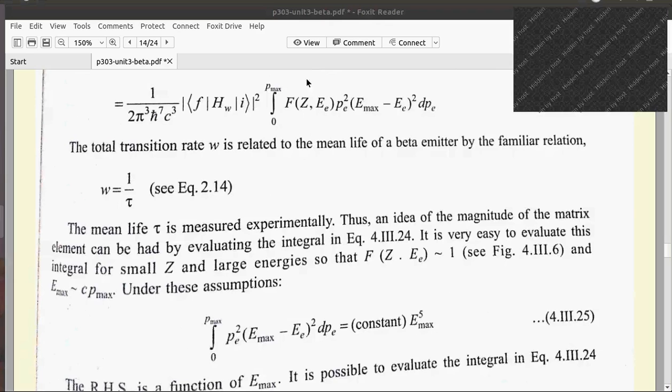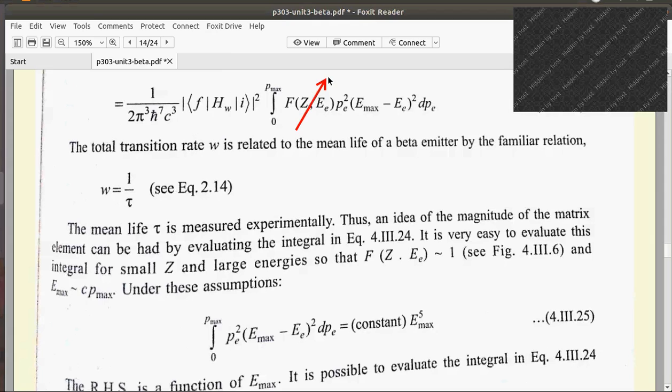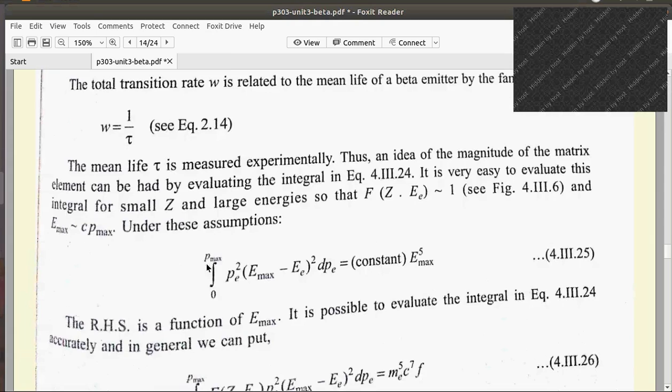In this, when you consider this combination, the value of f is almost 1. So you can totally forget it. If this is made equal to 1, now your integration is only over p_e squared (E_max minus E) whole squared dp_e. Now (E_max minus E) whole squared is also a constant.